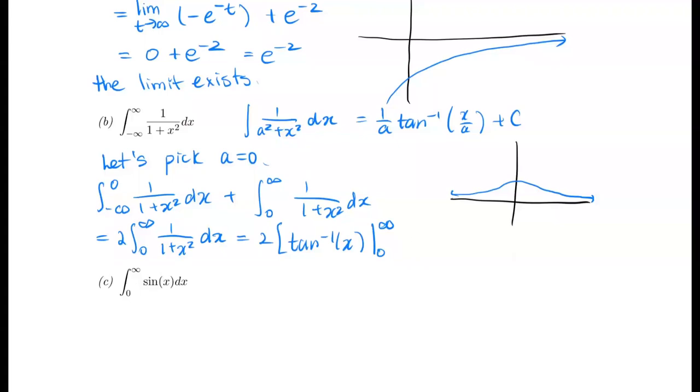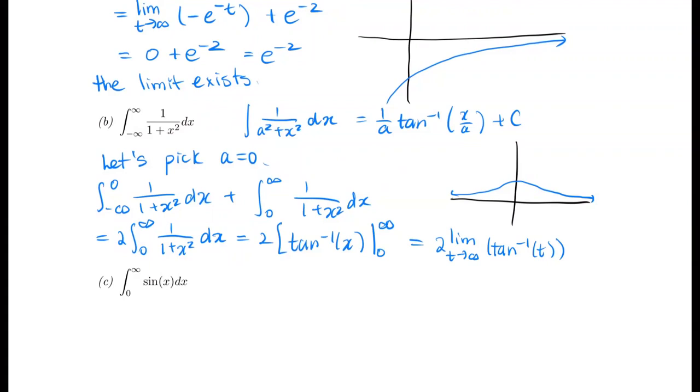Let me write down the limit: 2 times the limit as t approaches infinity of tan inverse of t minus tan inverse of 0. Tan inverse of 0 is just 0, so we don't have to worry about that.